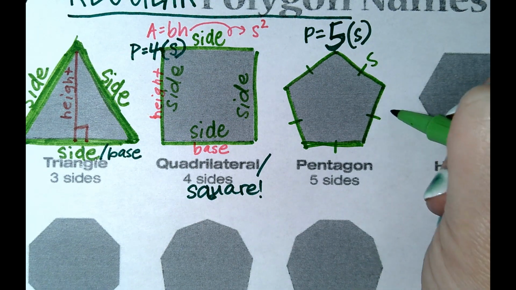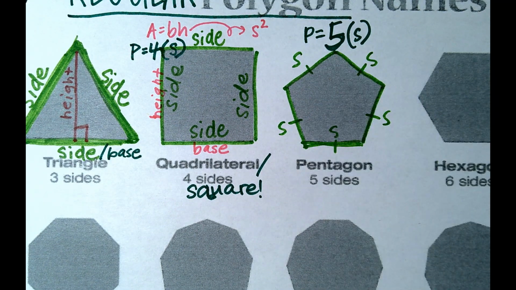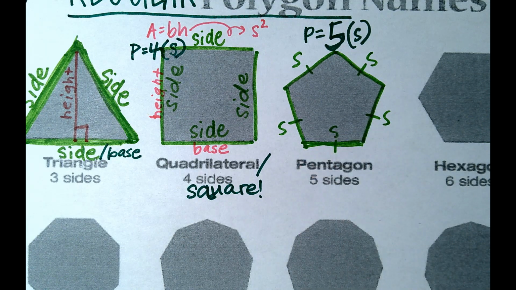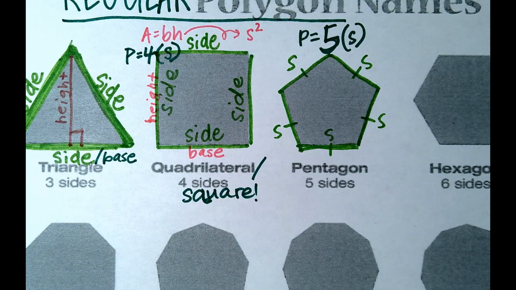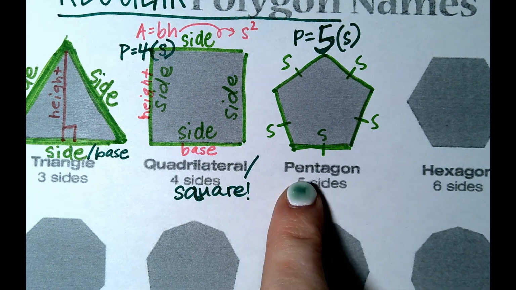So side, side, side, side, side. Now, as we go on to the rest of them, we're going to stop talking about area for a minute because I'm going to teach you something. So that's how we find the perimeter of a pentagon.